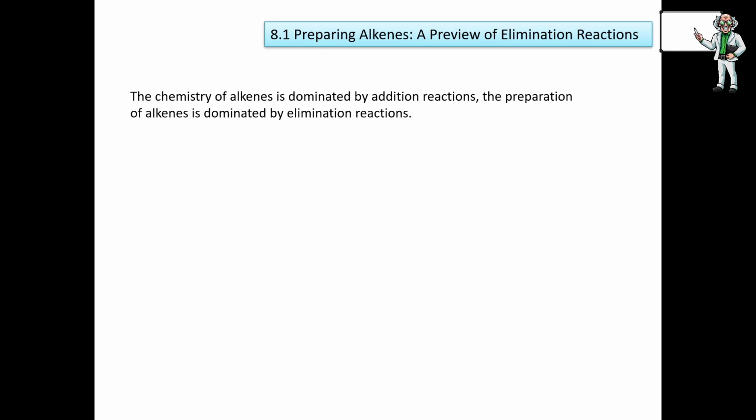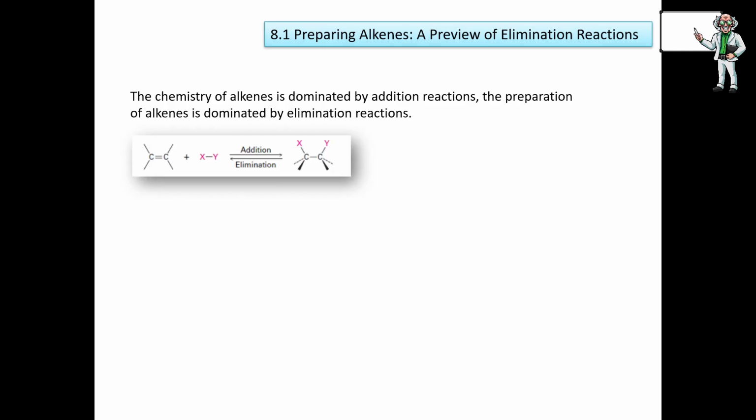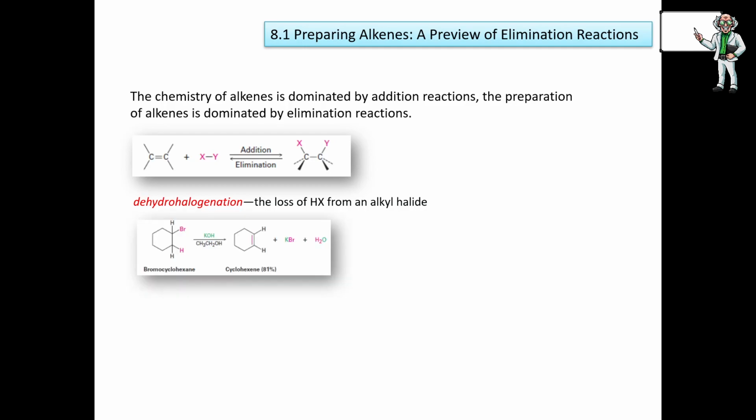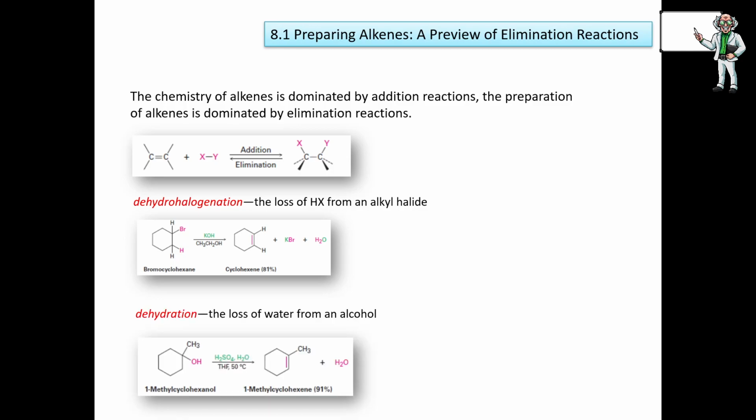When we want to prepare an alkene, basically this reactivity is based on elimination reactions. Okay, we have two options. The dehydrohalogenation, that means we have a halogen here, and we eliminate the halogen plus the hydrogen that is in the carbon alpha to the halogen, to the carbon that contains the halogen.